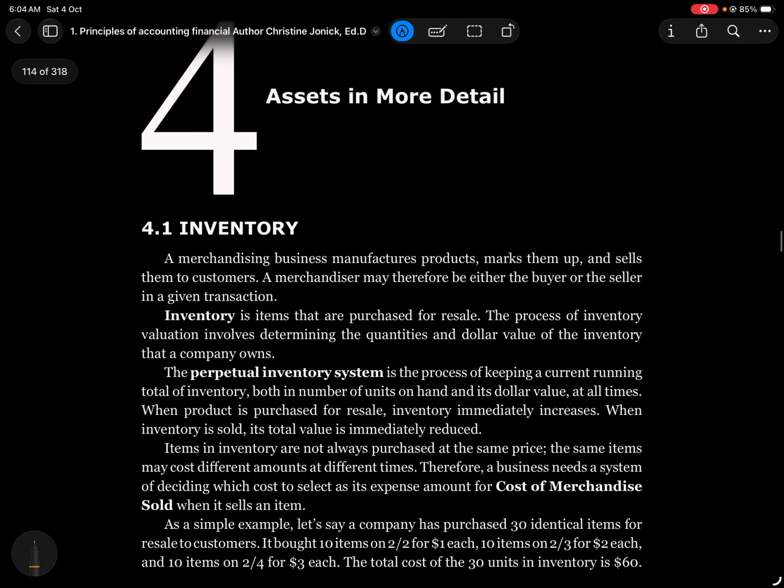So what is an inventory? Inventory is nothing but merchandise that a business produces or brings to sell to people. That could be purchased for resale, like a ready-made product that they bring and then sell.